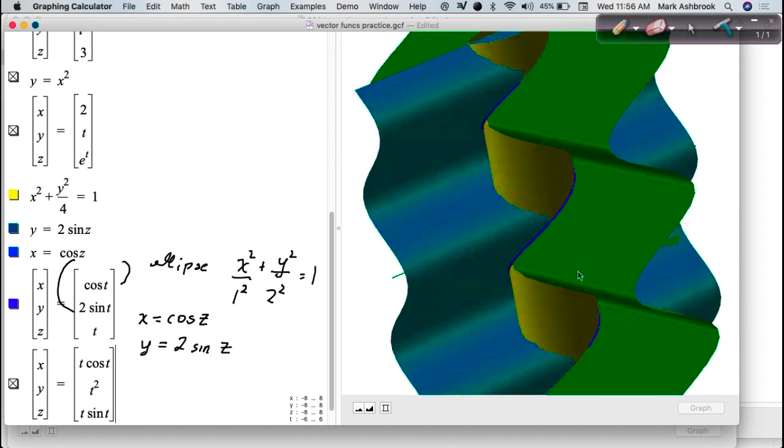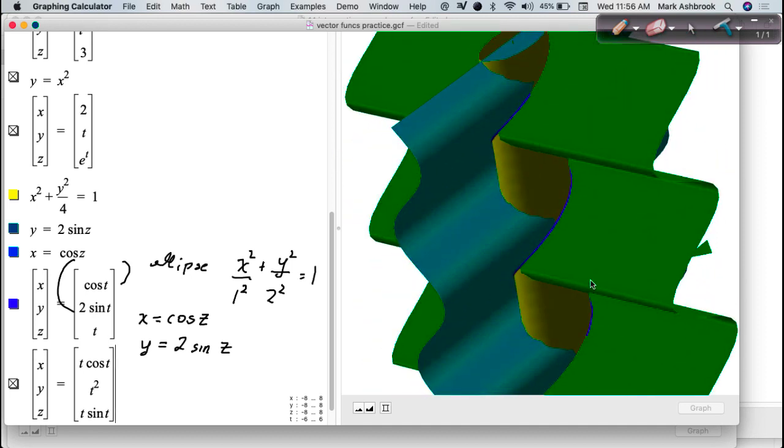If you enter, that's a pretty good view. So there, can you see the elliptical cylinder? If you take these 2 sinusoidal cylinders and cut them at right angles with the elliptical cylinder, the intersection of all 3 of those surfaces will be your curve, the blue curve. Let's make it red. There, now we got radius.